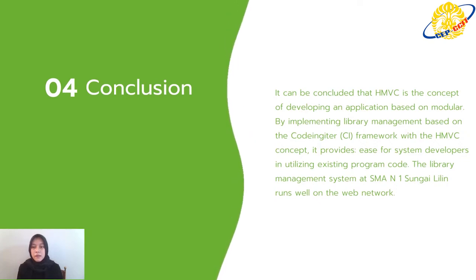By implementing e-library management based on the CodeIgniter or CI framework with the HMVC concept, it provides ease for system developers in utilizing existing program code. The library management system at SMAN 1 Sungai Lilin runs well on the website network.